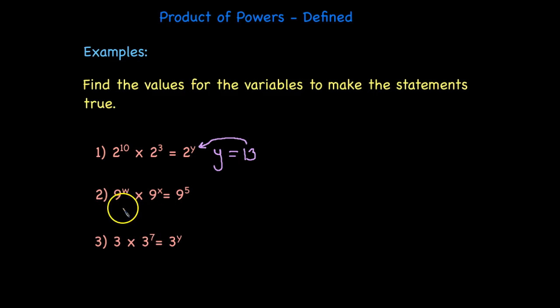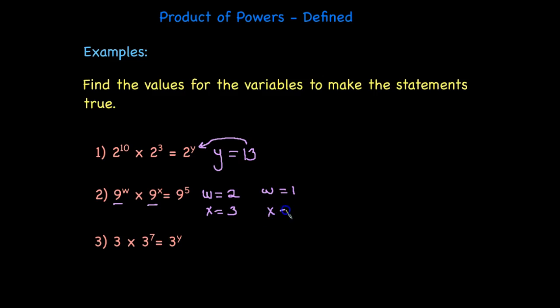What about number 2? 9 to the w times 9 to the x equals 9 to the 5. Well, we do have common bases, so we can combine these. What are we going to add together to get 5? Well, there's multiple choices here. If w is 2, then x would have to be 3. What if w was 1?